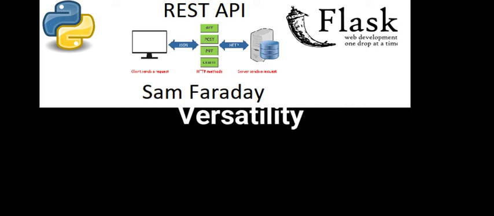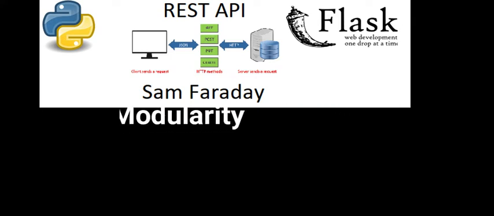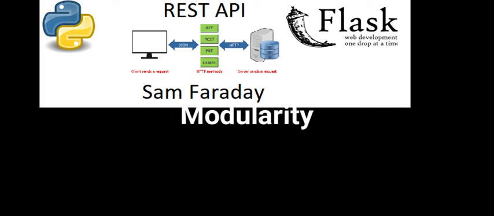A single API can be used by many different applications and devices like mobile phones, web browsers, or even some desktop applications. Modularity. You can serve many different pieces of information. You can even change your backend database server as long as you keep the same parameters, and that will not affect the API consumers.